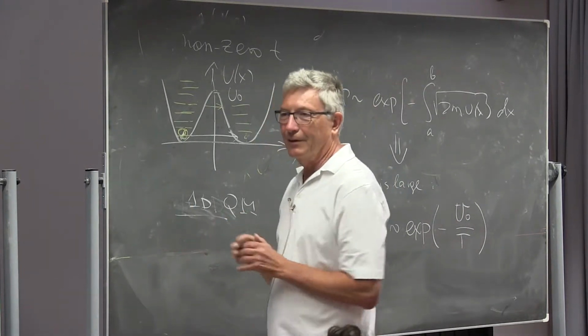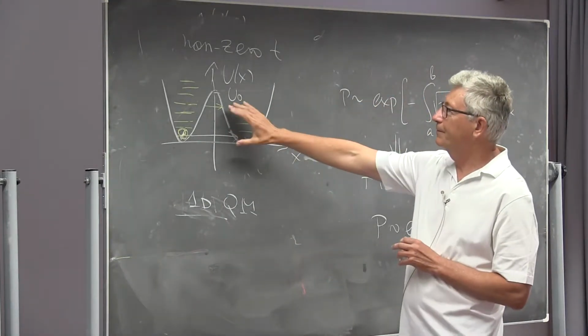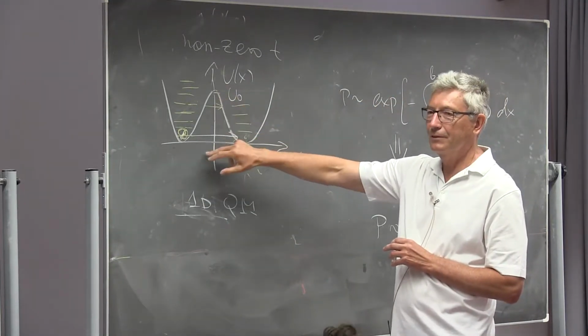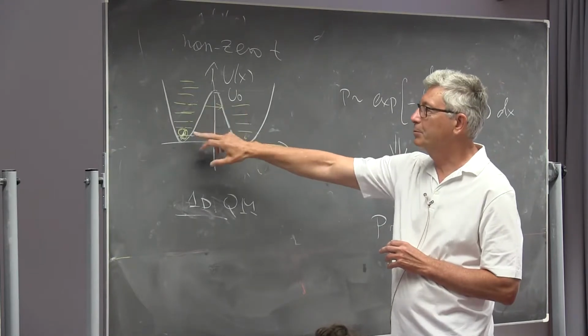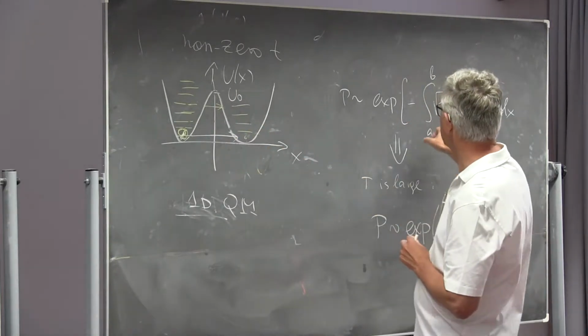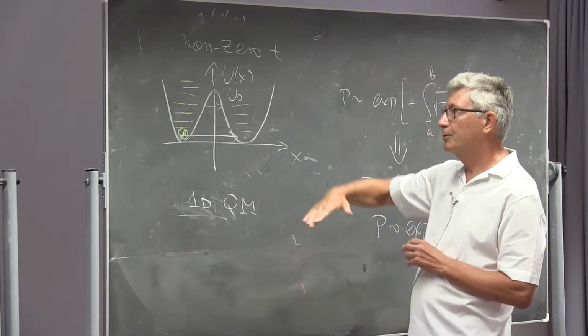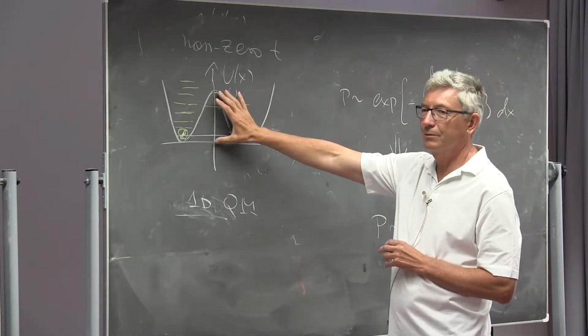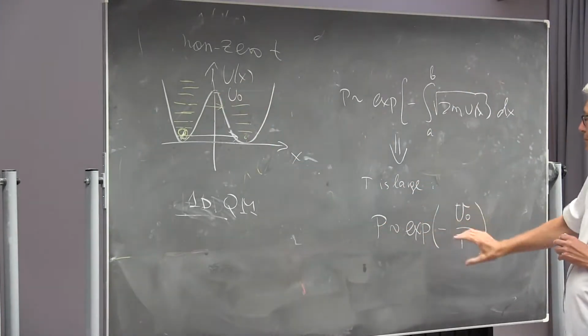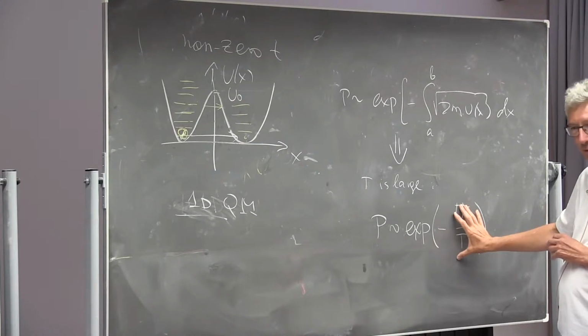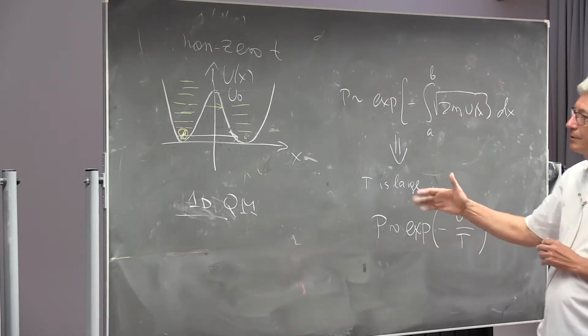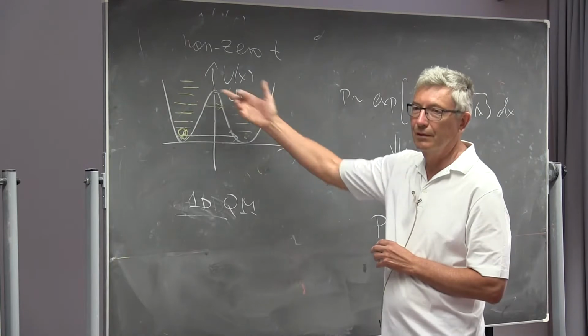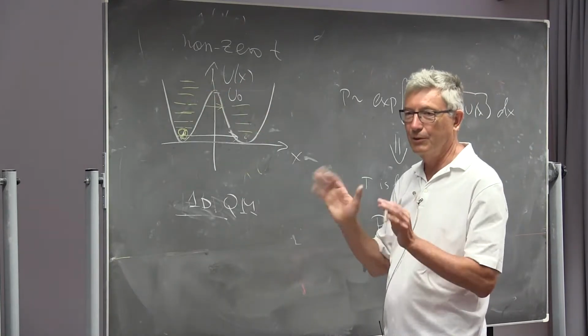And here the point was that if we consider the system at zero temperature, then this probability will be exponentially suppressed like that. If you raise the temperature, this probability may be exponentially suppressed by this Boltzmann exponent. But if the temperature is very large, then there is no suppression whatsoever.